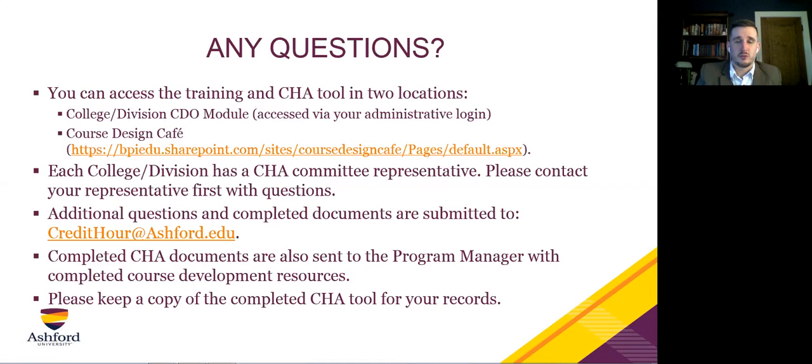So if you run into issues, you can contact your representative with questions and figure out where any activities fit in or how to calculate them if you're having additional challenges.